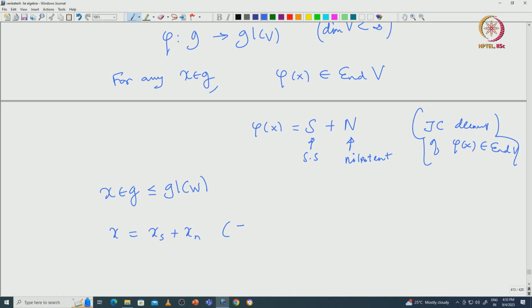This is again a Jordan decomposition inside GL of W.